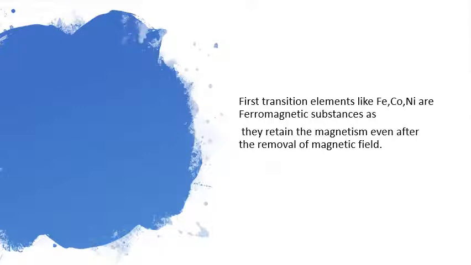So in the first transition elements, iron, cobalt and nickel are ferromagnetic substances. They retain their magnetism even after the removal of the magnetic field, and strongly show attraction as they have a permanent magnetic moment.